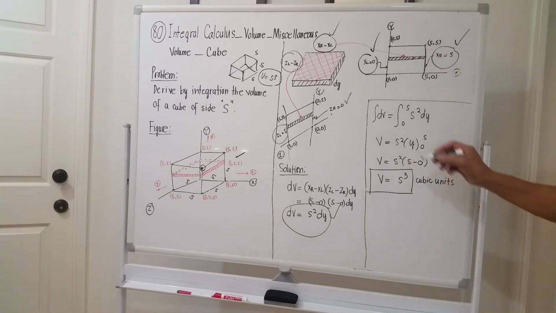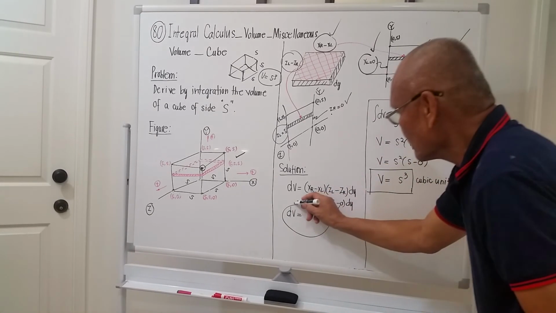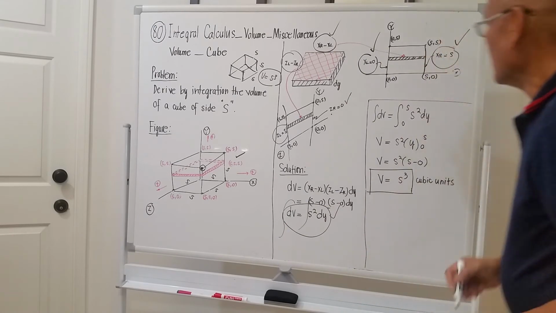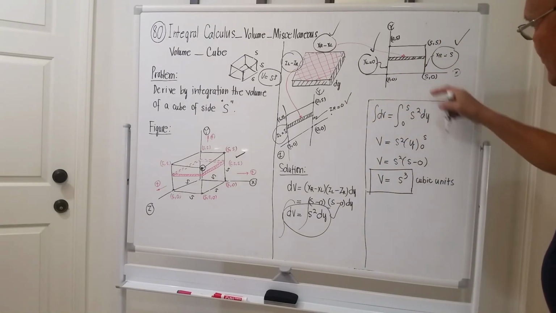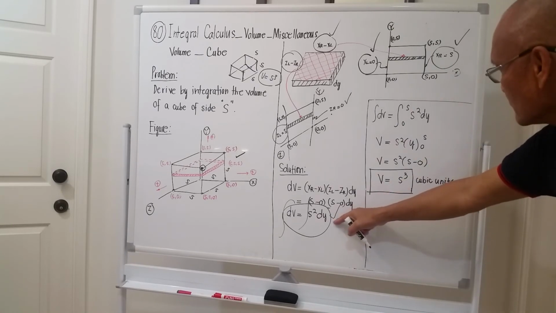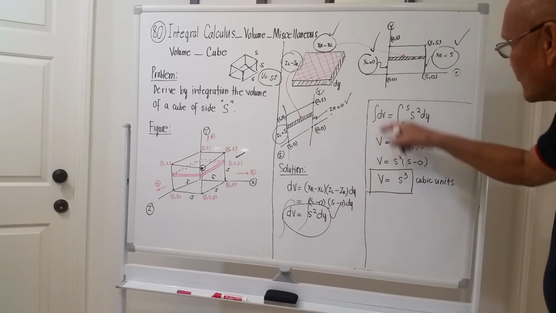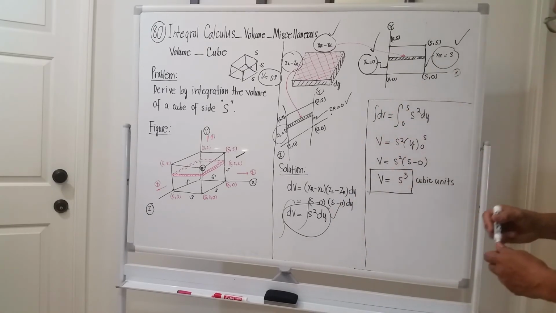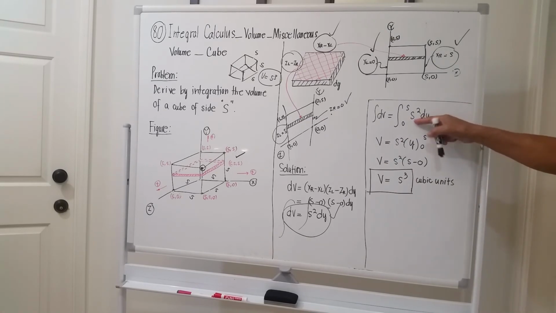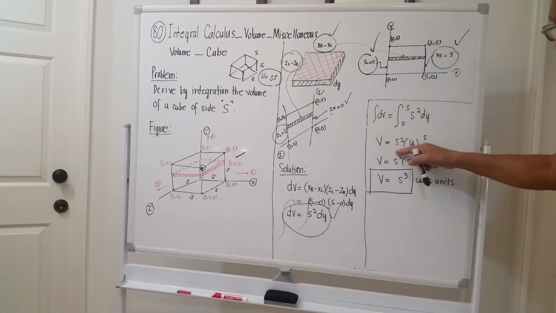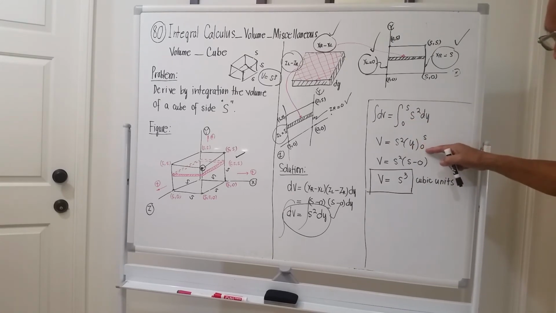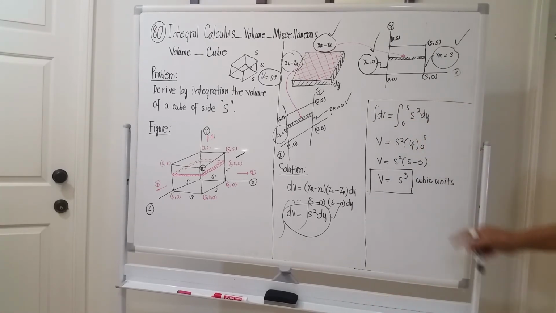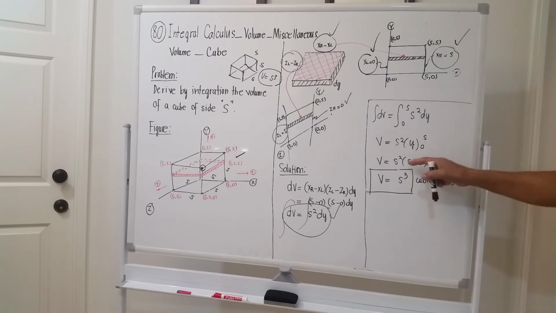Then try to integrate both sides. The integral of the differential volume is equal to the integral from 0 to S of S squared dy. S is a constant, so it comes out, and it will be S squared, and the integral of dy will be y with the limits from 0 to S. Volume now will be S squared times S minus 0.